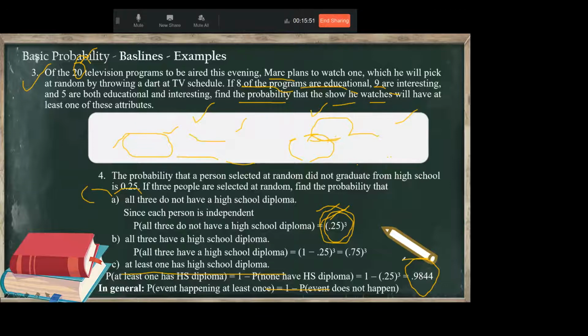As I said, if P is an event happening at least one, it is 1 minus, and here I use the law of complement, right? Complementary probability, 1 minus the complement. If the event is at least 1, the complement will be none, right? Because other than none includes at least 1. That's why.